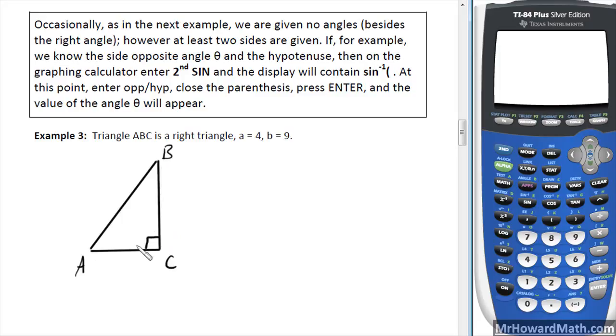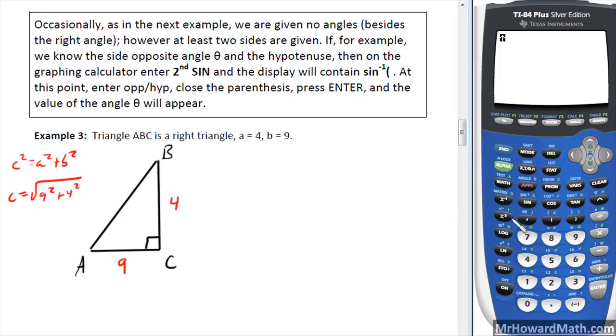Side B is 9. Side A over here is 4. So side C, we're just going to use the Pythagorean theorem here. C squared equals A squared plus B squared. So C is equal to the square root of little a squared plus little b squared.